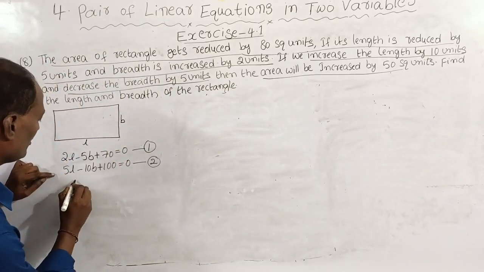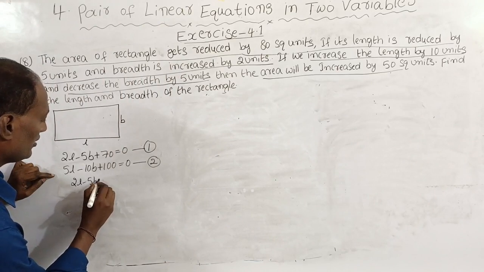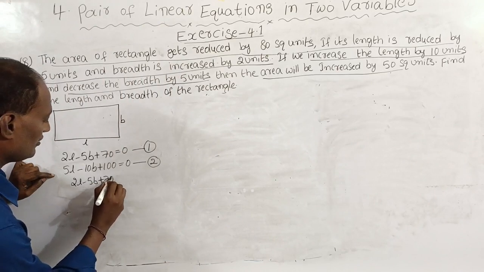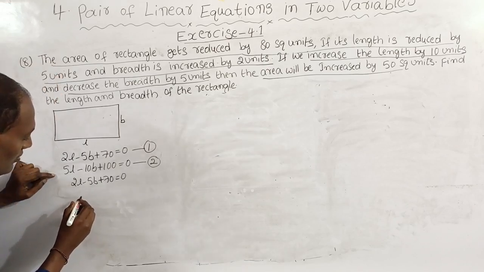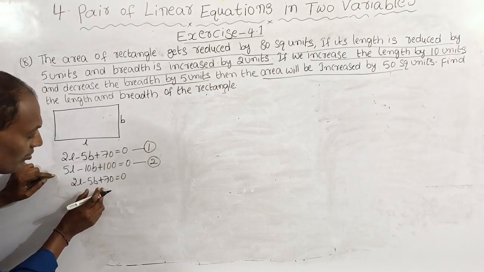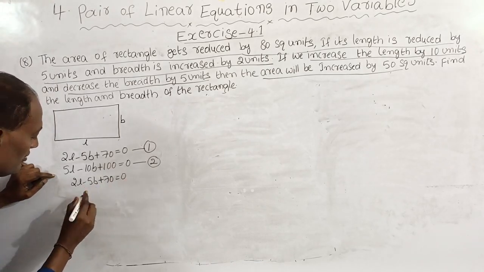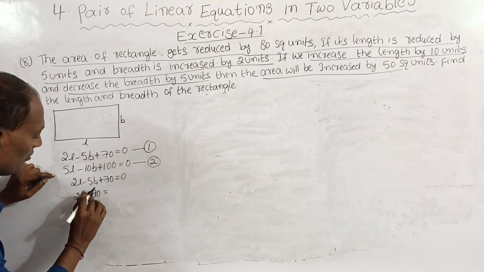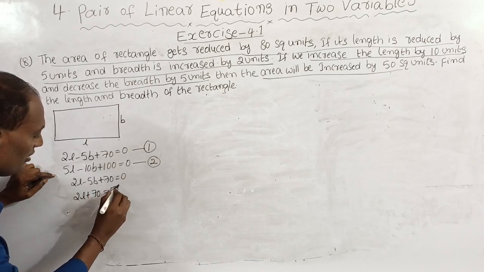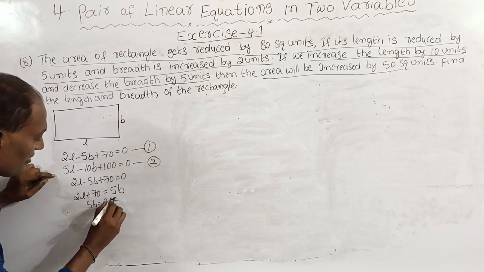Take the first equation, 2L minus 5B plus 70 equal to 0. Now move that to the other side of the equal sign. 2L plus 70 equal to 5B. We can also write 5B equal to 2L plus 70.